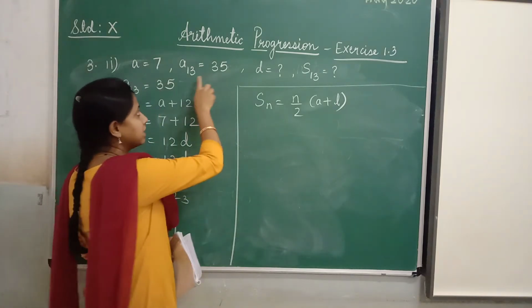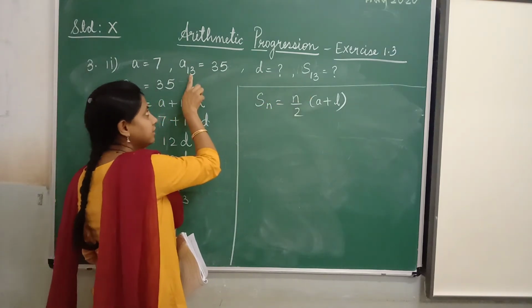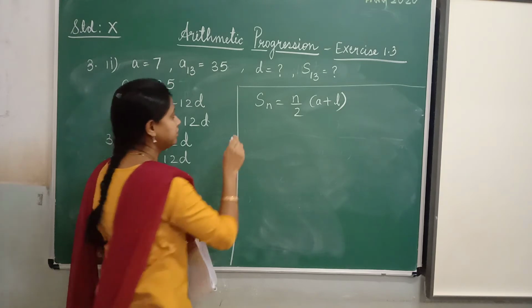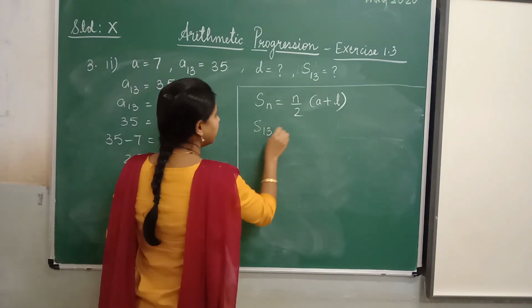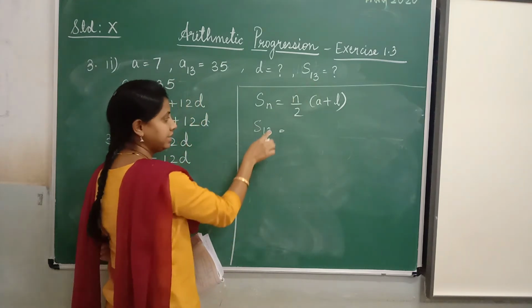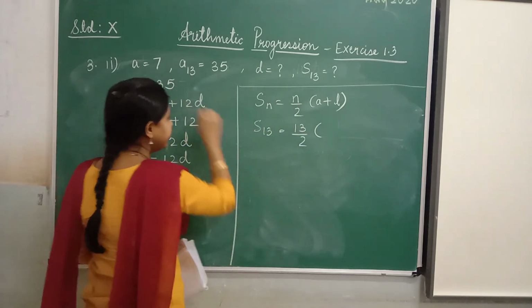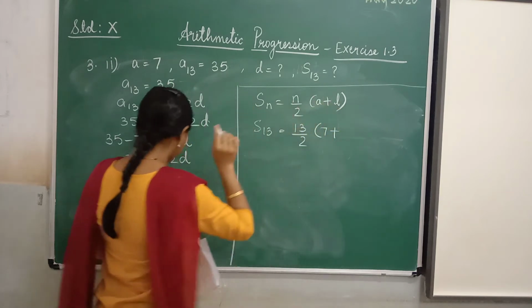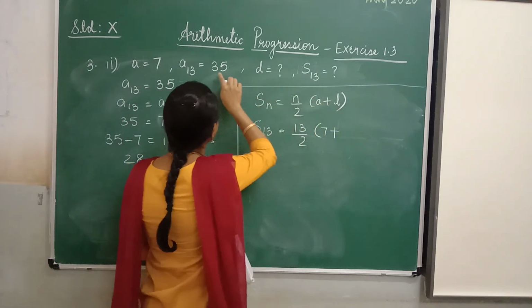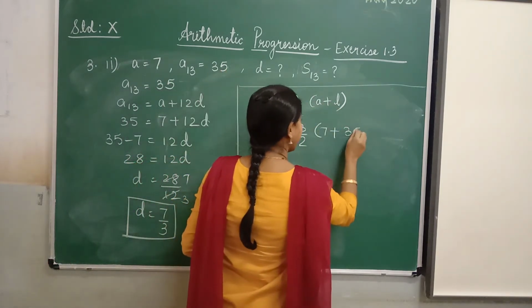Because the last term is known, the sum of 13 terms and the 13th term is also given. Yes, so S13 we have to find. n is 13. 13 by 2 into a plus l. a is 7 plus l. l is the last term, that is 35.